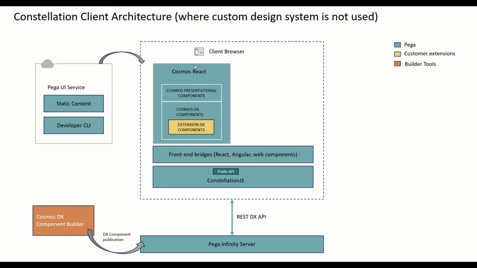Which is not specific just to the UI. It is specific even to the application data. It is a lot of metadata which is coming in that. For all of that metadata, the client browser is going to make a hit to the Pega Infinity server and get the details using this REST DX API v2. Okay, the version 2.